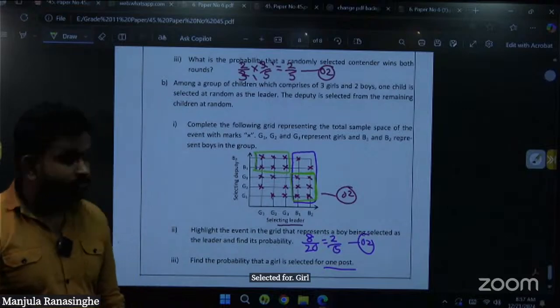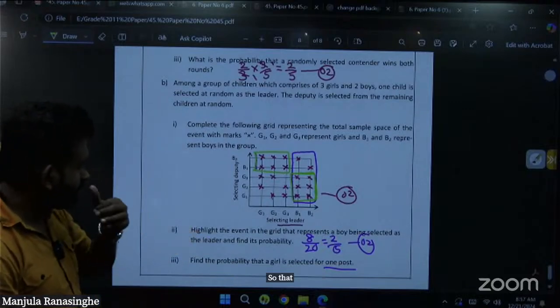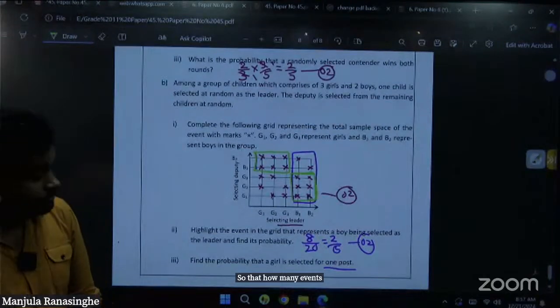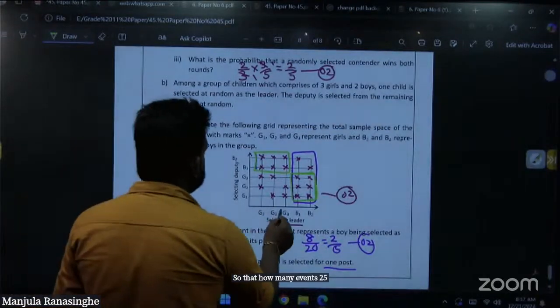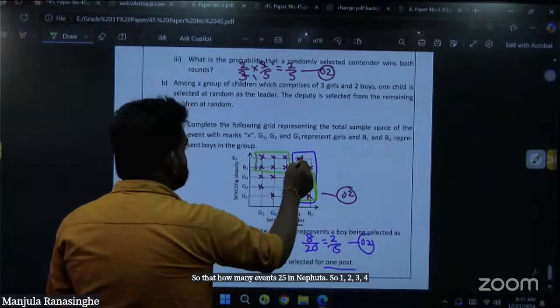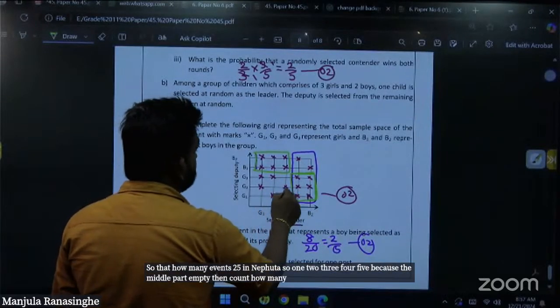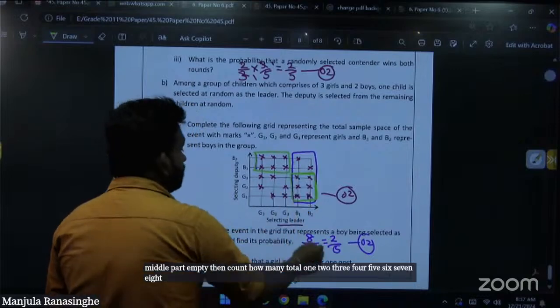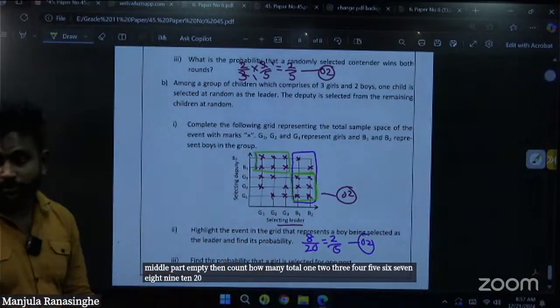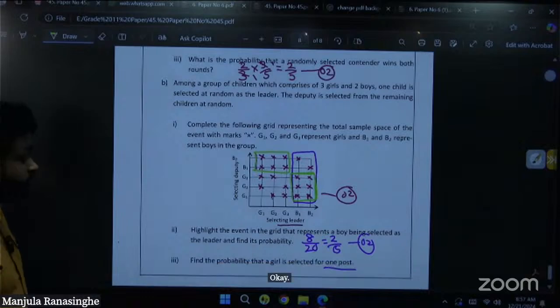So how many events? 25 in there, so 1 2 3 4 5, because the middle part is empty. Then count how many total: 1 2 3 4 5 6 7 8 9 10. 20 is the sample space, okay, 20 not 25.